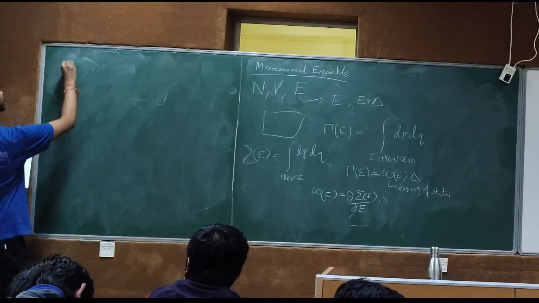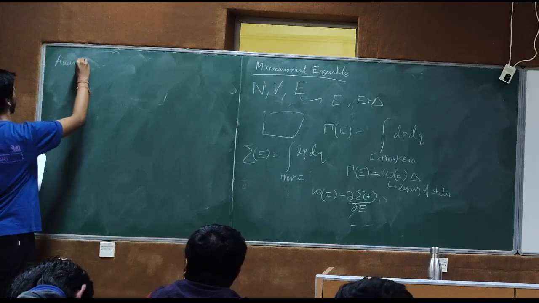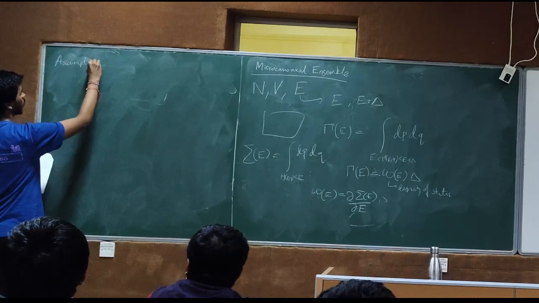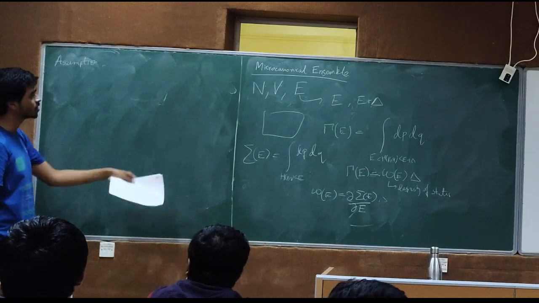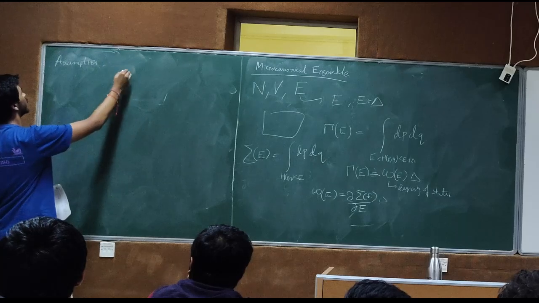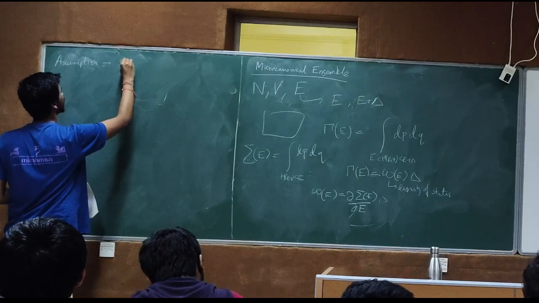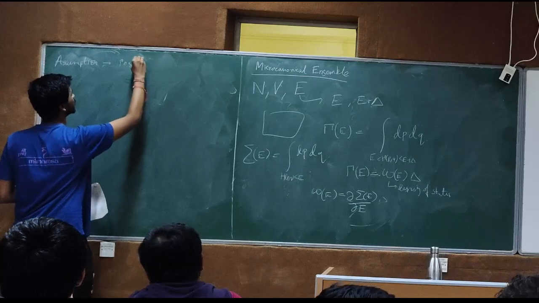Now there is one more assumption required to write down the probability distribution in this system for each microstate. That assumption is the postulate of equal a priori probability.